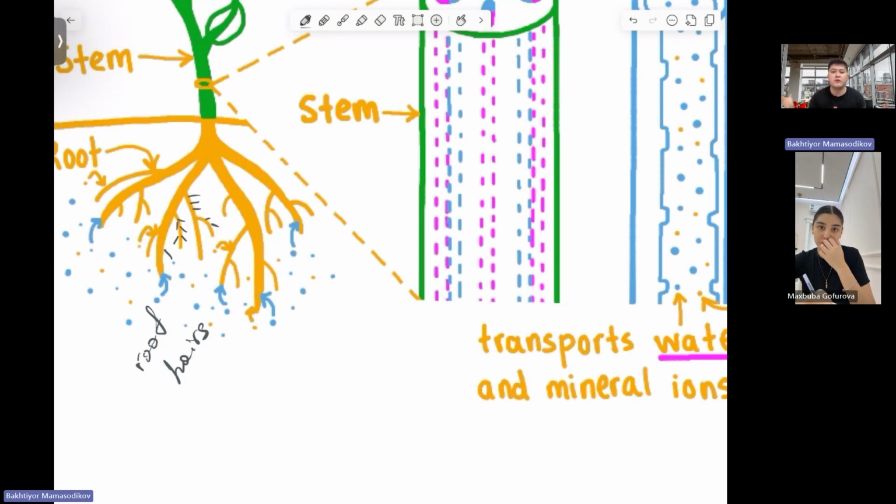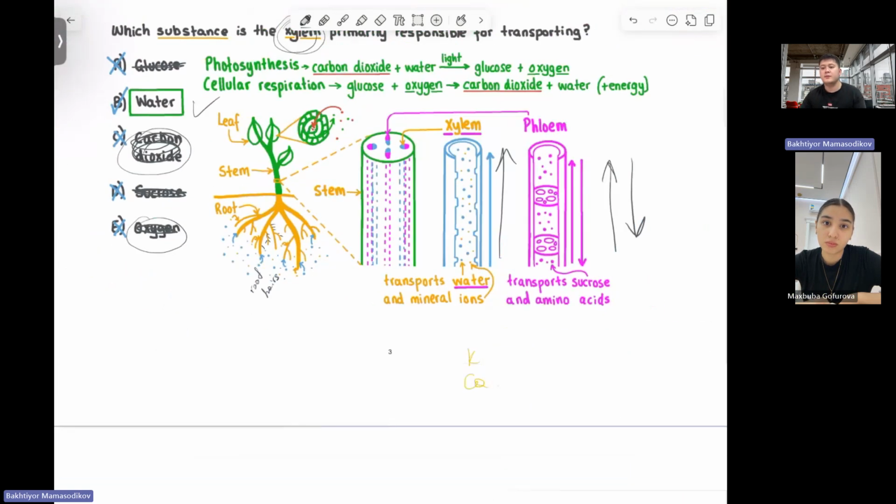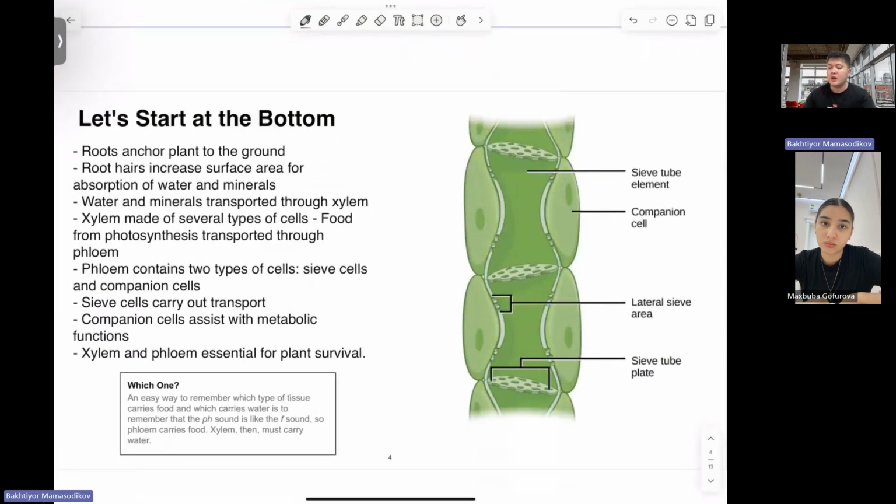So root hairs make the absorption of water and minerals from the soil much more efficient. Think of root hairs like the villi in your intestines. We will cover the digestive system as well, and there is a video explaining the digestive system on my YouTube channel.